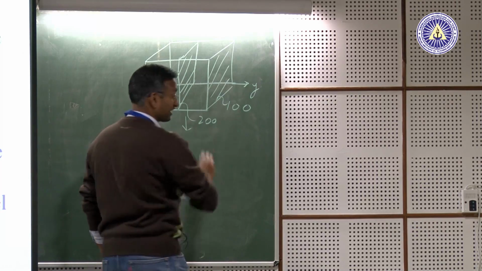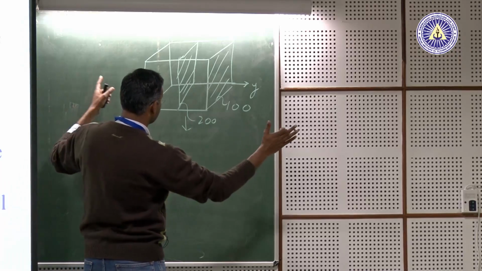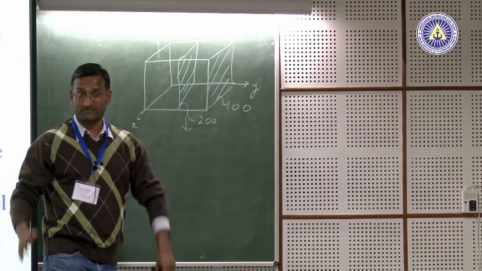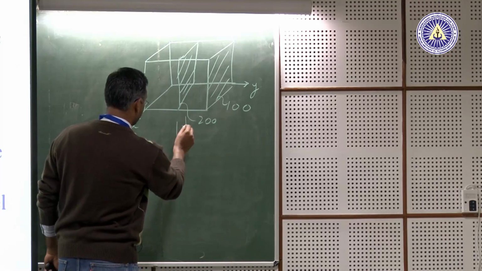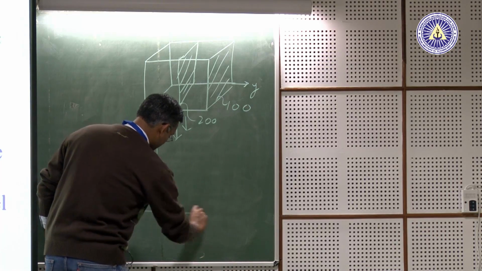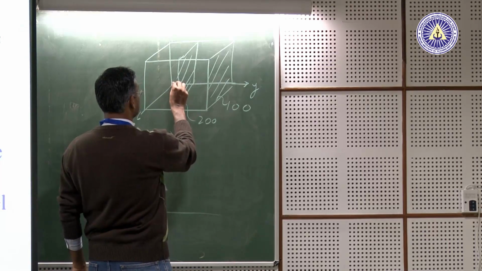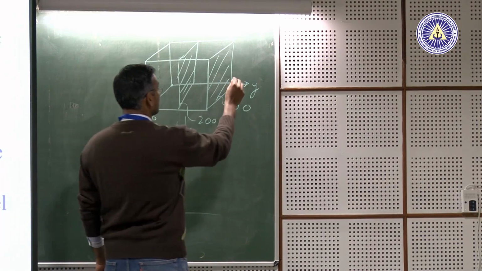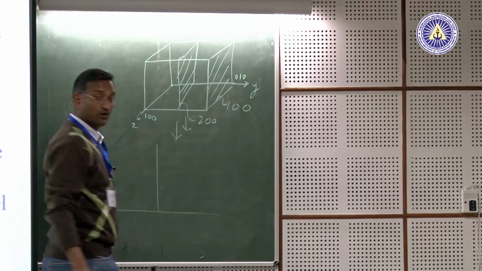You can keep drawing these kinds of planes for the real lattice, and as you increase the indices HKL, you decrease the d spacing, and you keep shrinking the whole understanding in real space. But the way reciprocal space works is, if you take this as the origin, this becomes your 100 point, this is your 010 point, and this is your 001 point.